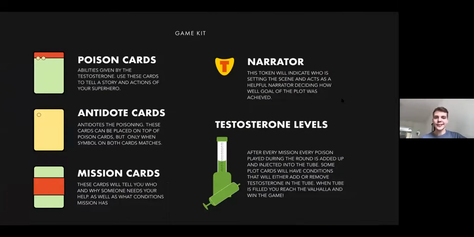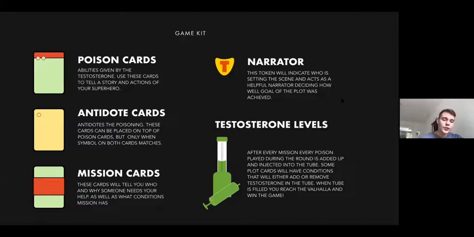In the end, I delivered this game kit, which consists of poison cards, which are these movie tropes, or in the game, the abilities given to you by testosterone poisoning. You use these cards to tell stories about your superhero. Antidote cards are the opposite effects of testosterone poisoning, so it's a different type of masculinity.